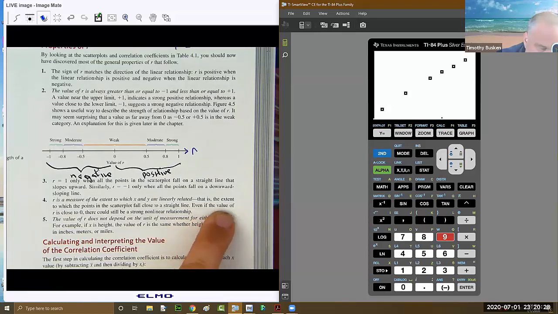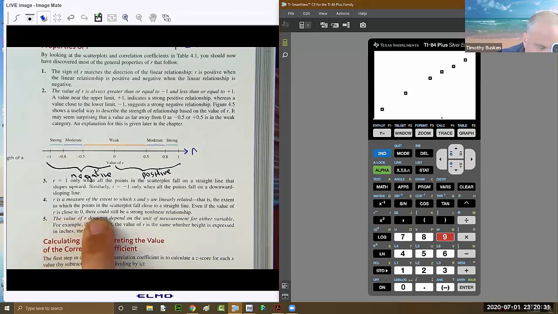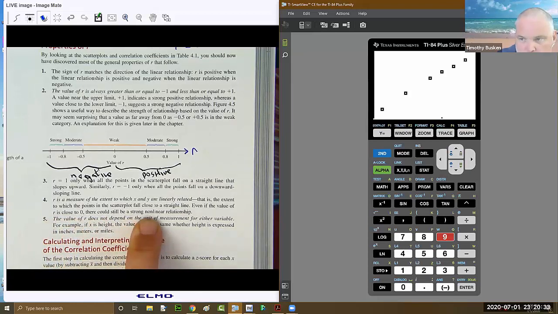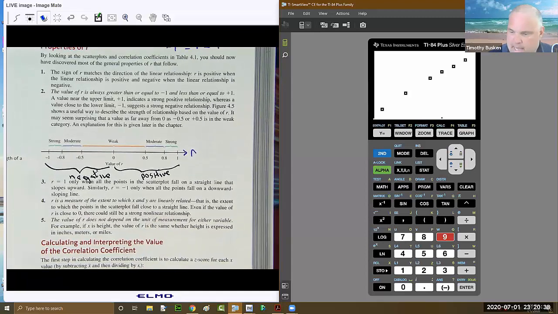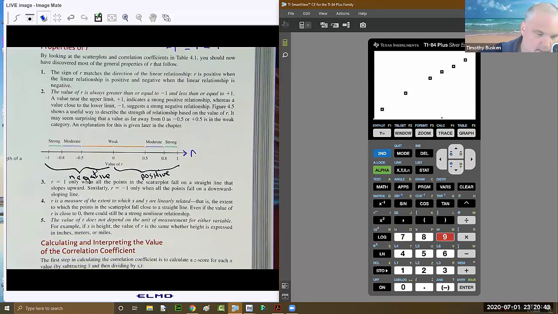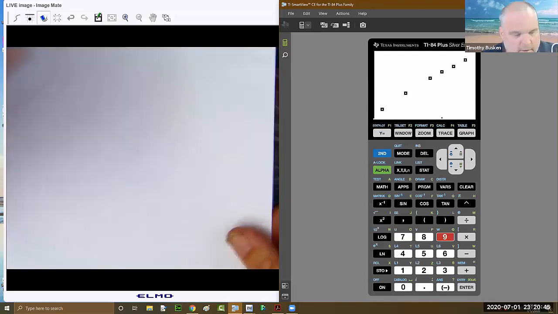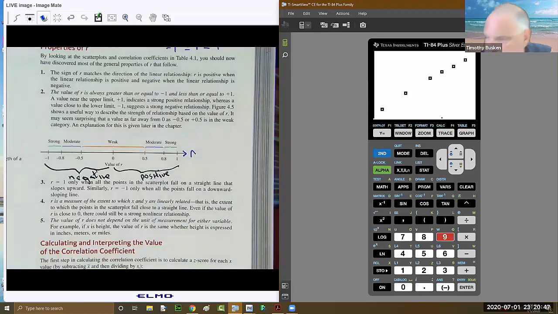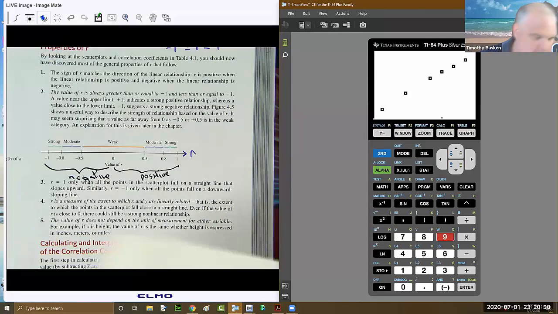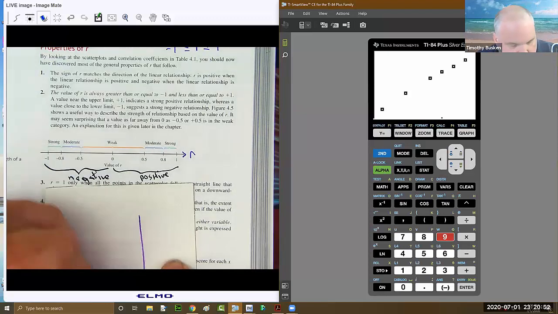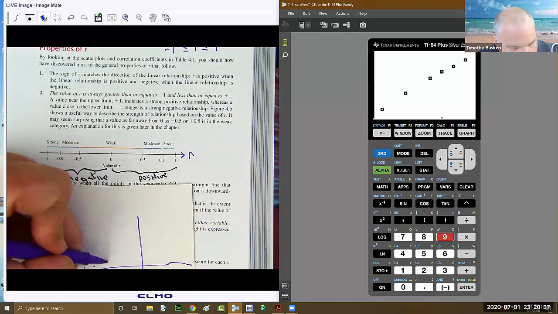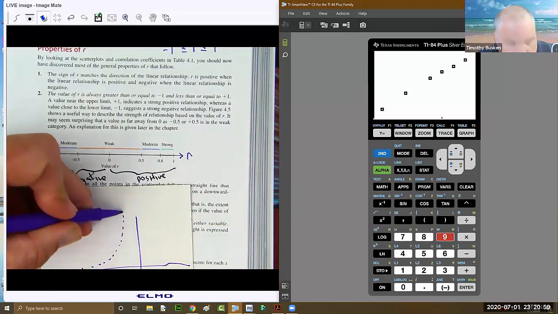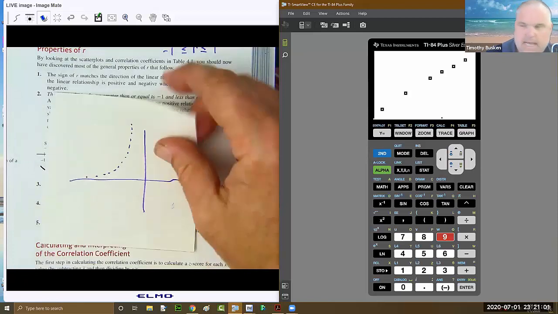Even if the value of R is close to 0, there could still be a strong nonlinear relationship. So what they're saying is you could look at a scatter plot that is clearly not having a set of points that are falling in a straight line, but you can tell that there's some other type of strong pattern. In the case of this scatter plot right here, it looks like there's an exponential, right?